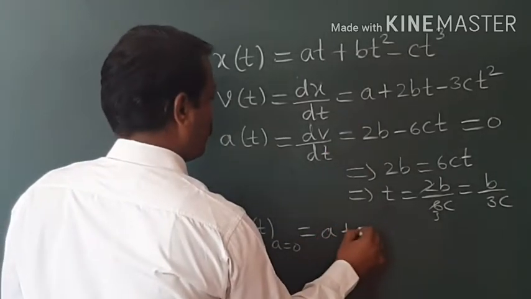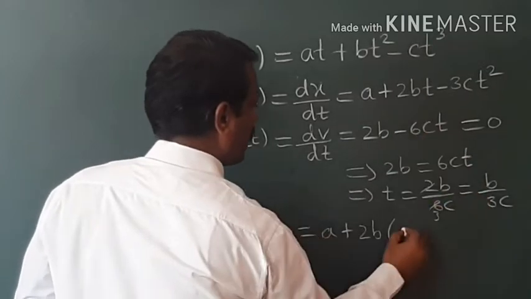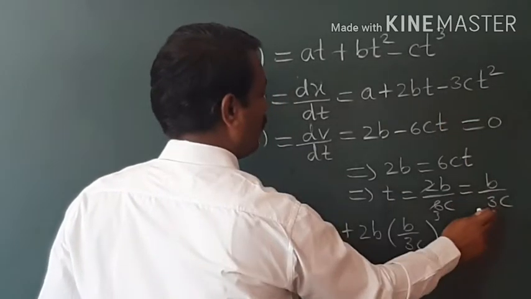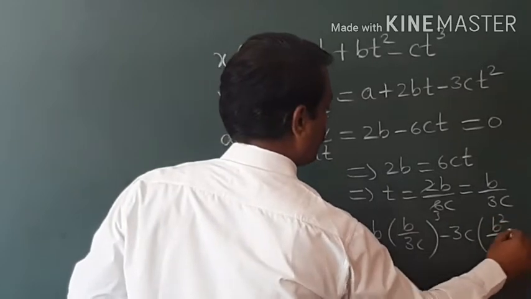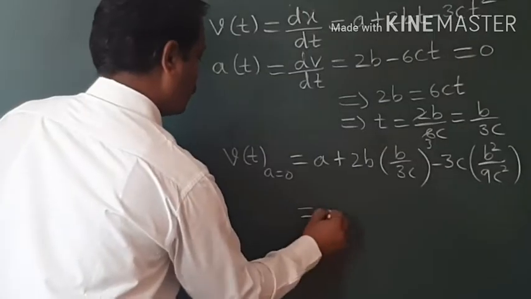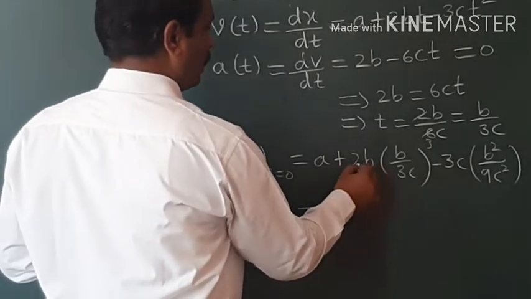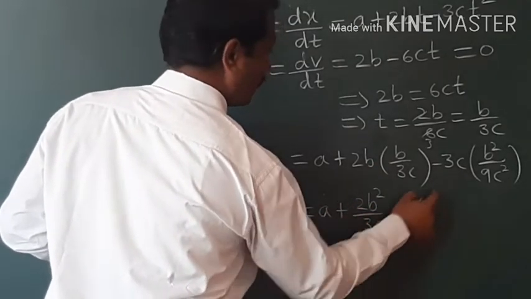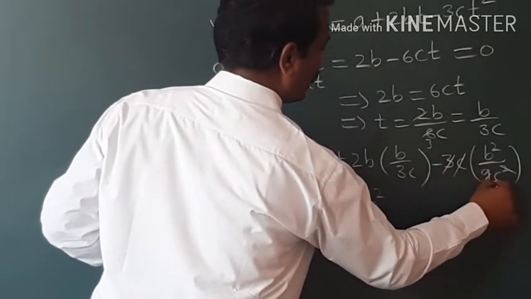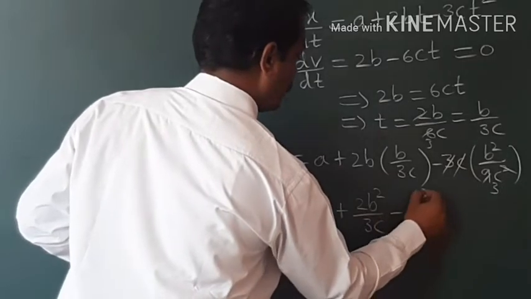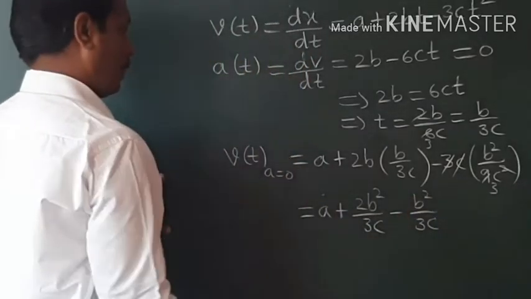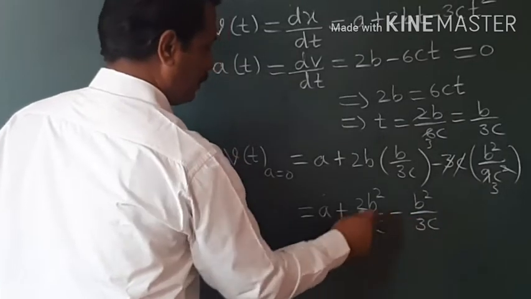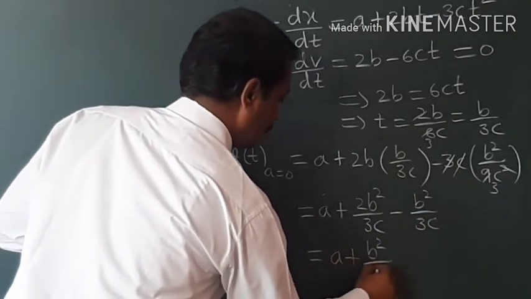So first one is a plus 2b, in place of t I will write b by 3c, then minus 3c, in place of t I will write this, then b square by 9c square, that is equal to a plus 2b square by 3c, minus b square by 3c, that is equal to a plus b square by 3c.